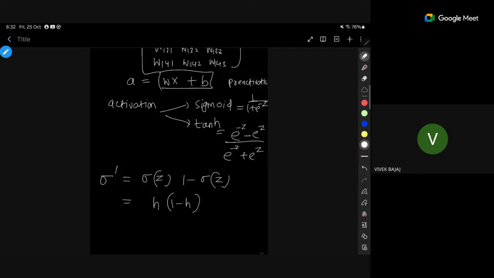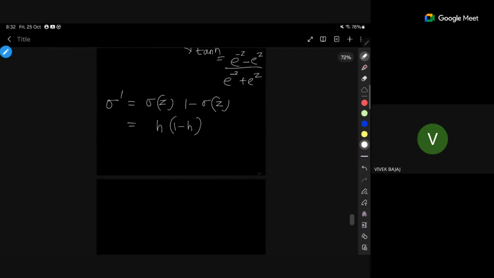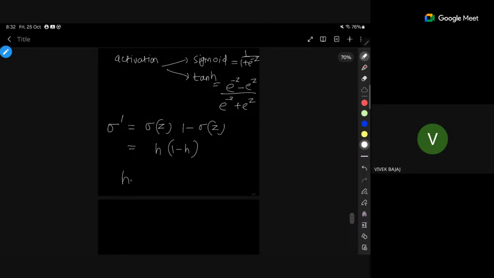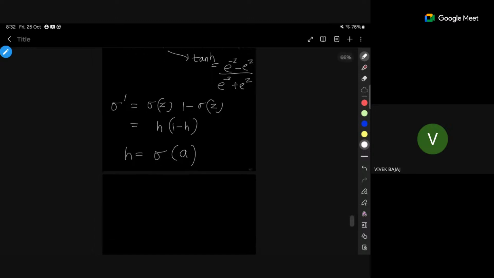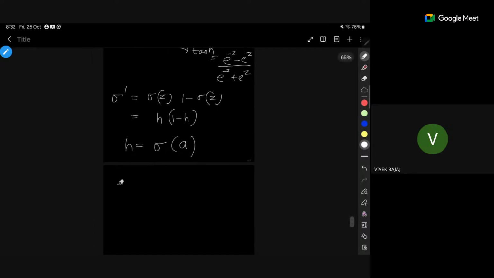Whatever layer you are in, h1, h2, h3, h is always sigma of a, and h is the activation applied on the pre-activation. Then for tanh, we have 1 minus whatever the tanh function is squared.